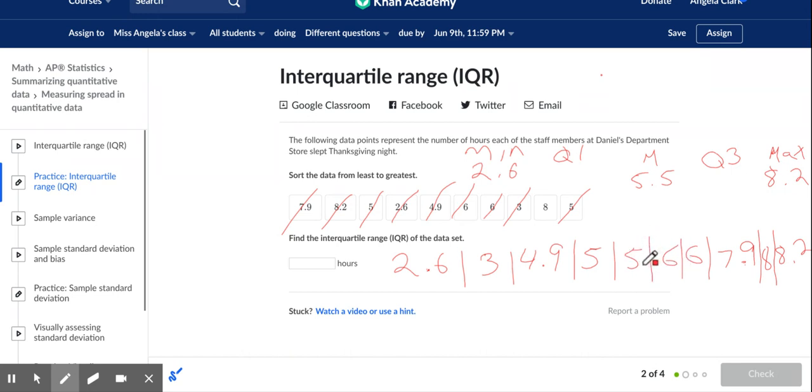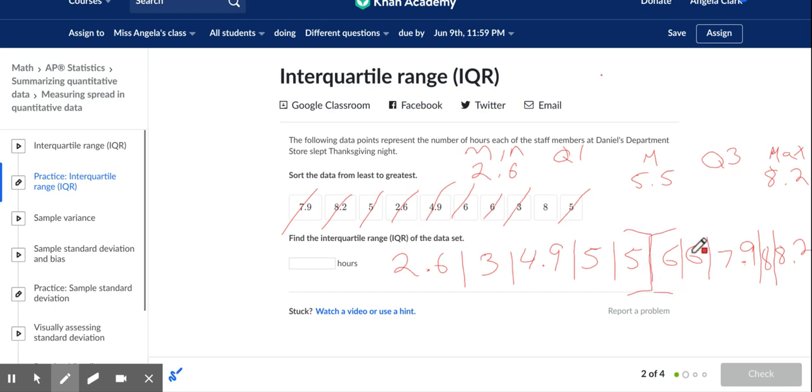So the median was the average of these two. So in the last example, when we had an odd number of data points, we didn't include the median when we were trying to find the lower quartile and the upper quartile. But since we have 2 data points for the median, we're going to include the smaller one in this half of the data, and the upper one in this half of the data.